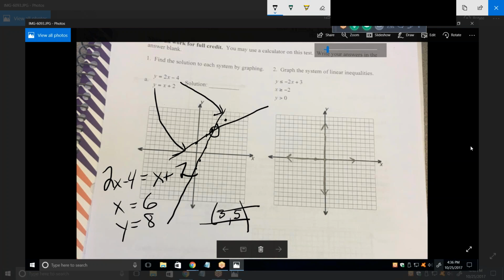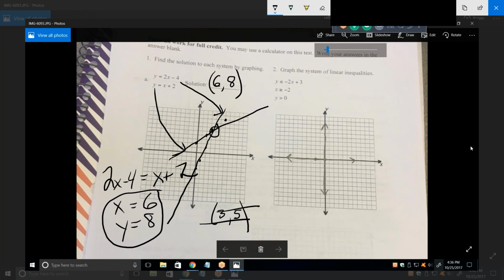But we know that solution does work in both ones. 2 times 6 is 12, minus 4 is 8. So 6, 8 works there, and 6, 8 works in the second one also. So the solution's definitely 6, 8. I won't say we got it by graphing, but that's only because I can't really lay a straight edge over that.